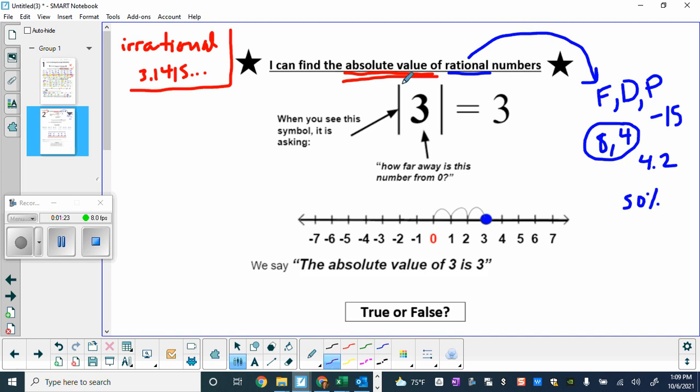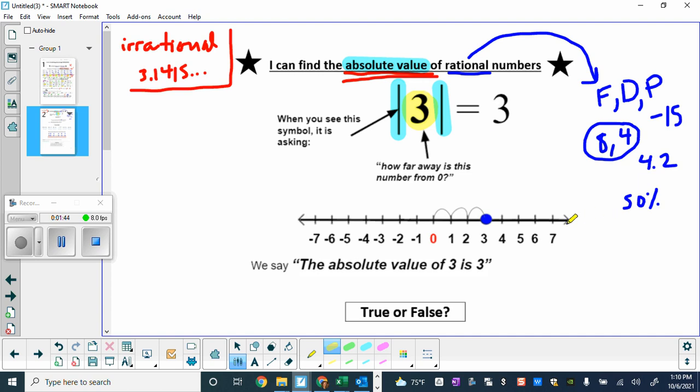And when you guys see these symbols, let me highlight them. When you see these symbols around a number, it's asking how far away is that number from 0. So these symbols represent absolute value. And when you see them around a number, it's simply asking how far away is this number from 0. And we know that 3 is 3 spaces away from 0.